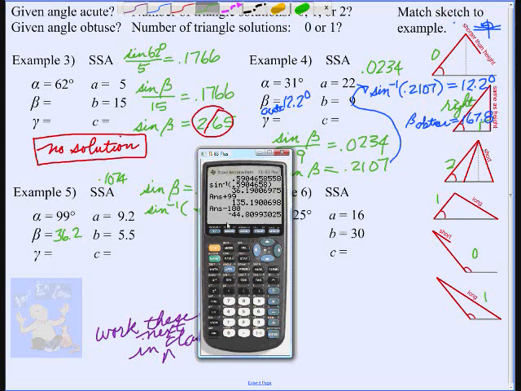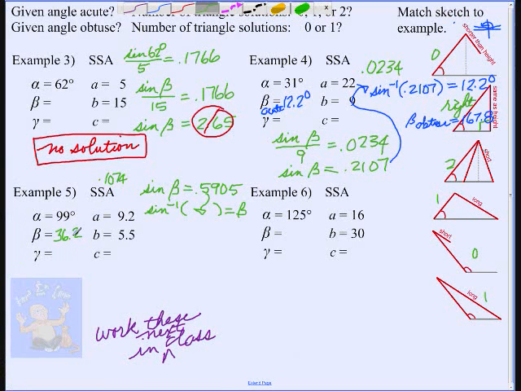So I know that gamma is 44.8. And we can figure out what C is. It's going to be the sine of gamma over C equals our ratio, which is right up here.